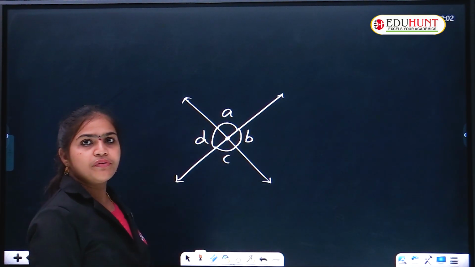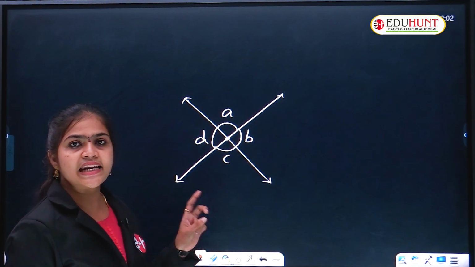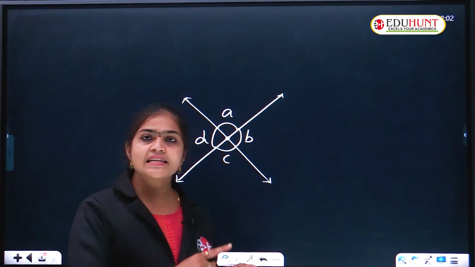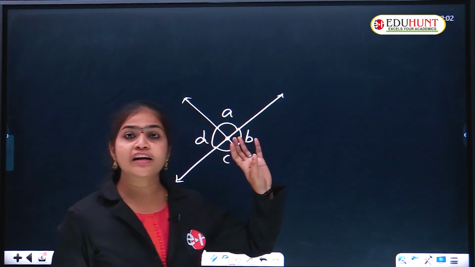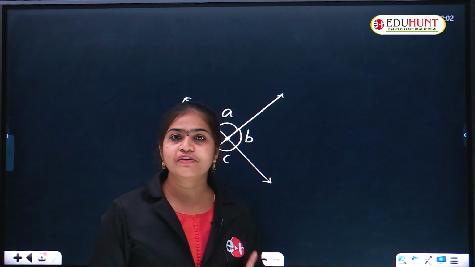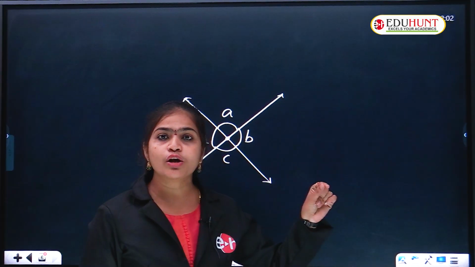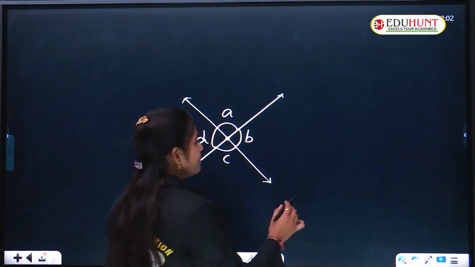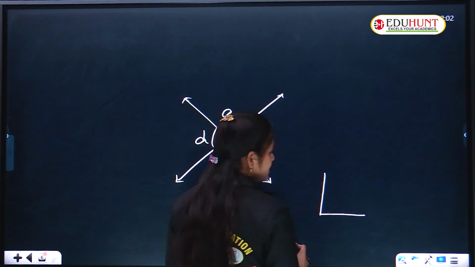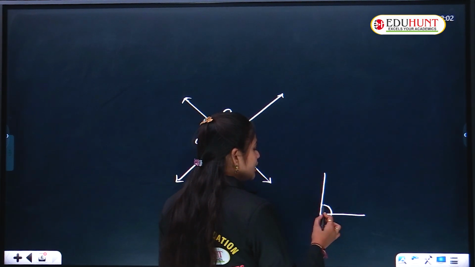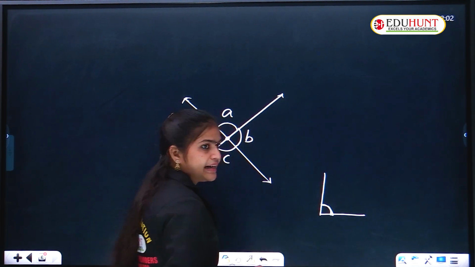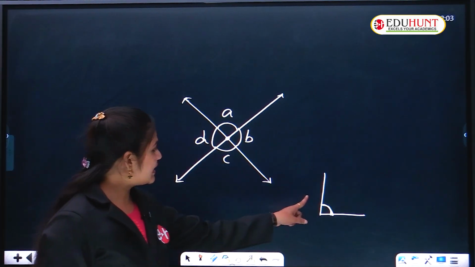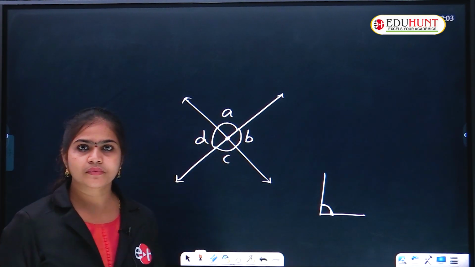From this we can observe that if two lines are intersecting, at that intersecting point we can observe 4 angles. What is the definition of an angle? The union of two rays, or the union of two lines. For example, if you take two lines like this, then at that common point we can observe one region, and that is also an angle.